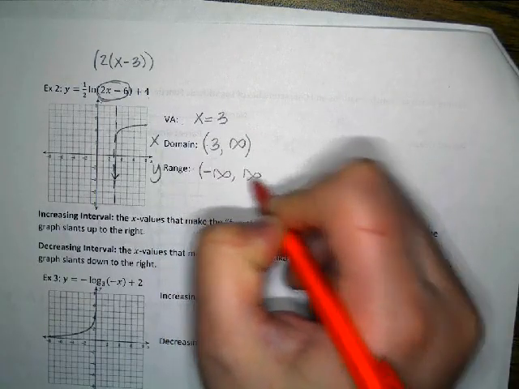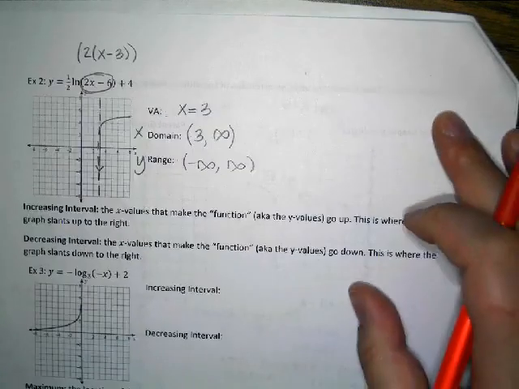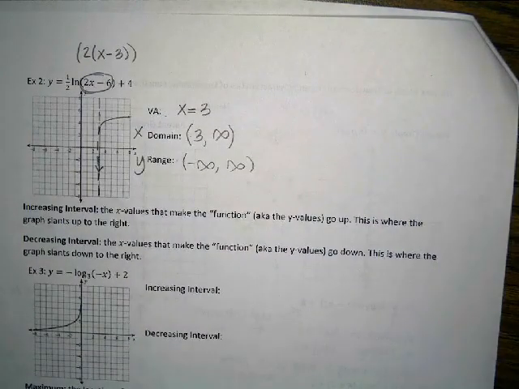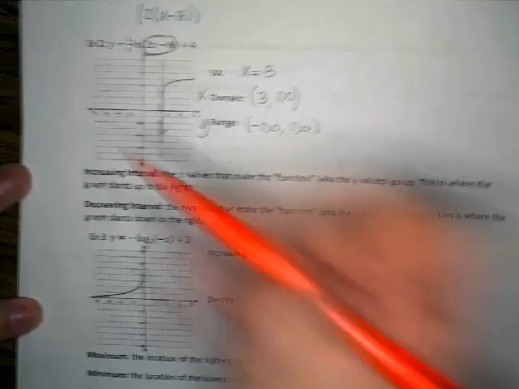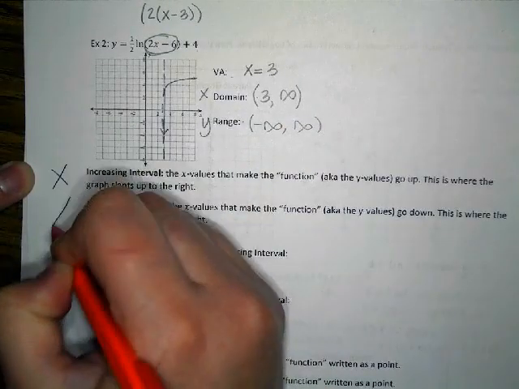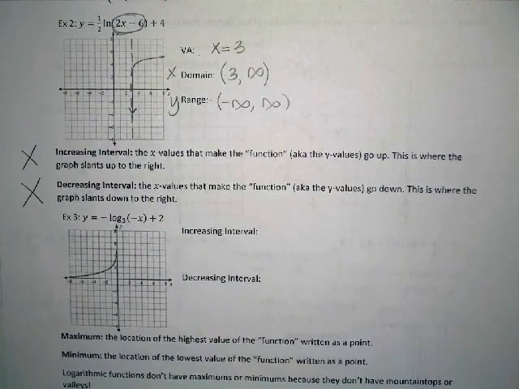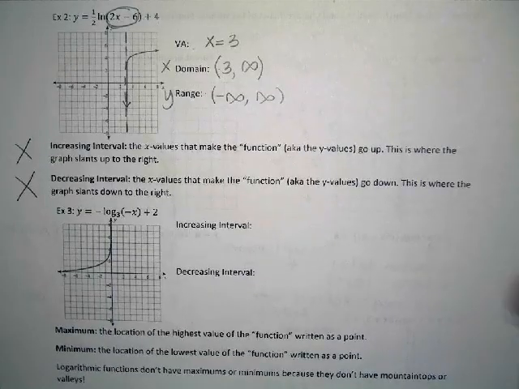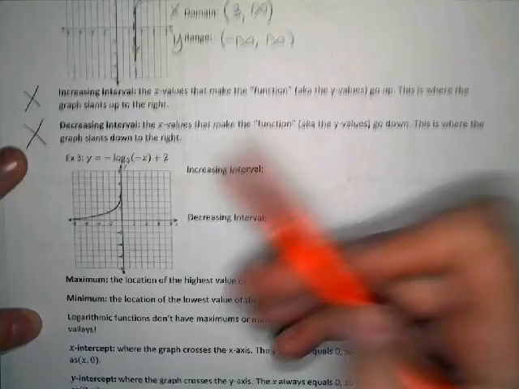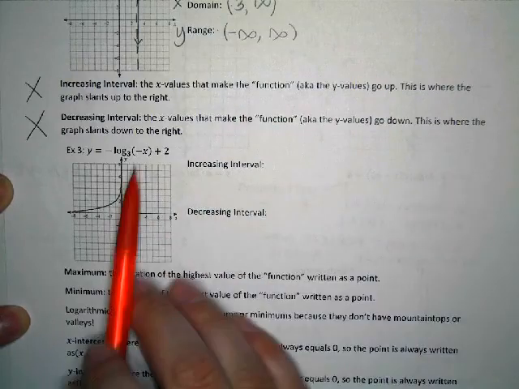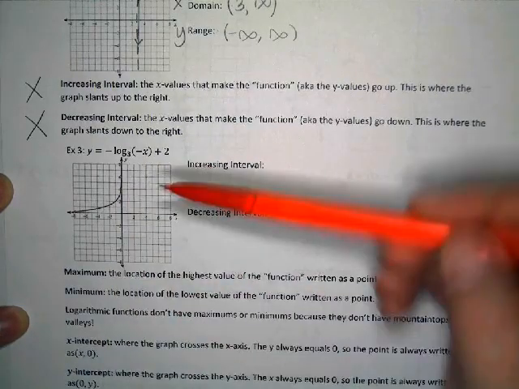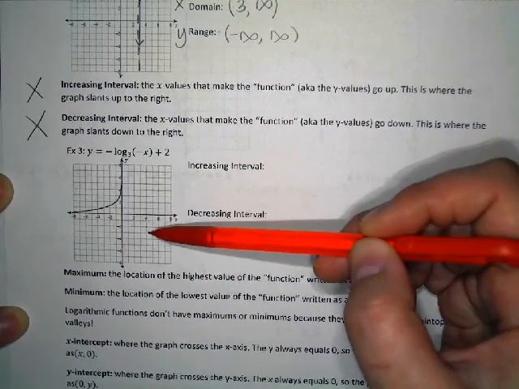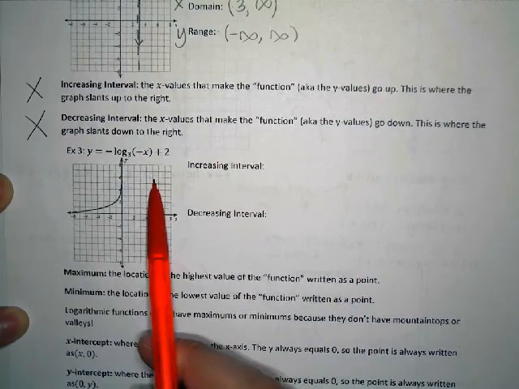Okay, increasing and decreasing interval, these are always both x values. So you're describing where, which is x values, where the graph slants up, where the graph slants down. So here we have this graph. You can see an example of one that has not only been reflected over the x-axis, but it also has been reflected over the y-axis, and that makes it kind of look like an exponential function.